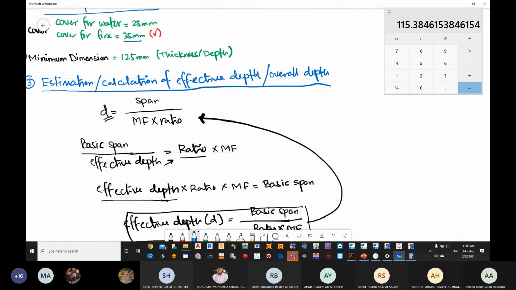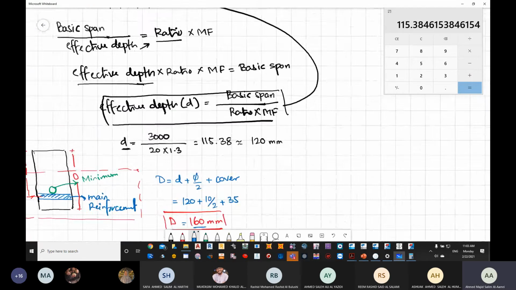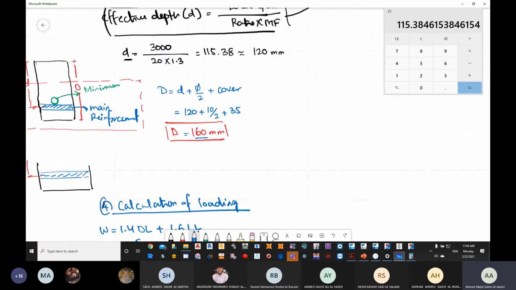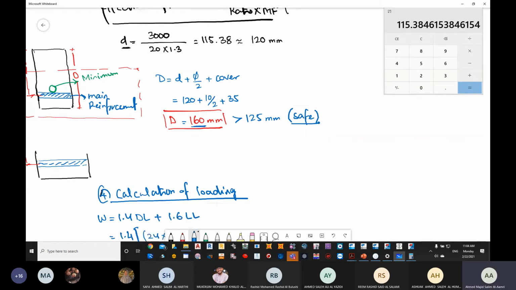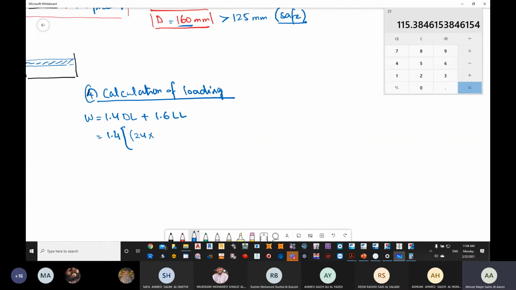The minimum thickness for 2 hours of fire is 125. How much have we estimated our depth now? We have estimated it as more than 125. So this is going to be safe as well. We require 125, we have used 160. So this is going to be multiplied by 0.16, since 24 is in kilonewton per meter cube.